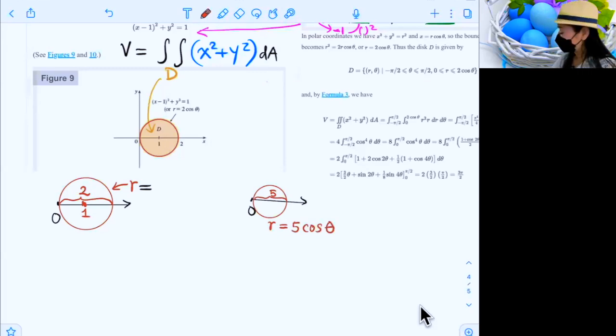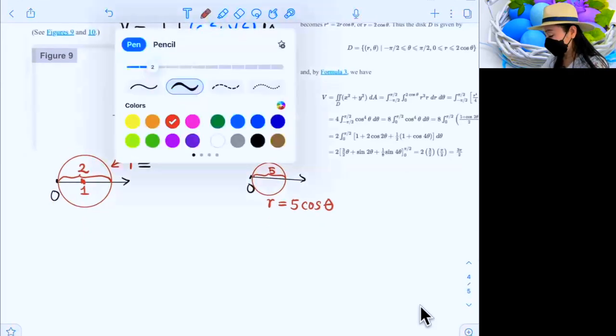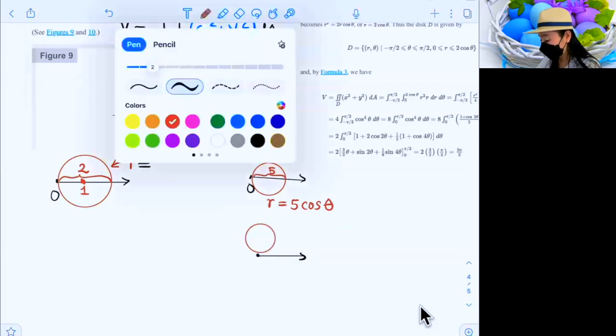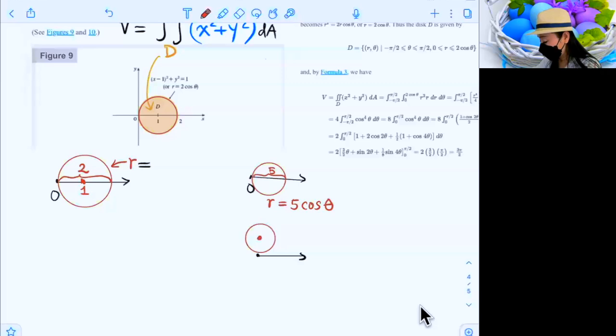And if the circle is like this, with the center here, and say the diameter here is 5, then the equation for this circle is r equal to 5 times sine of theta. Okay, so I can give you guys some material to look at if you forget about this.